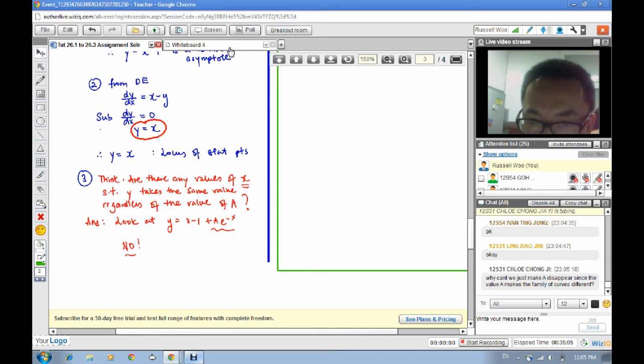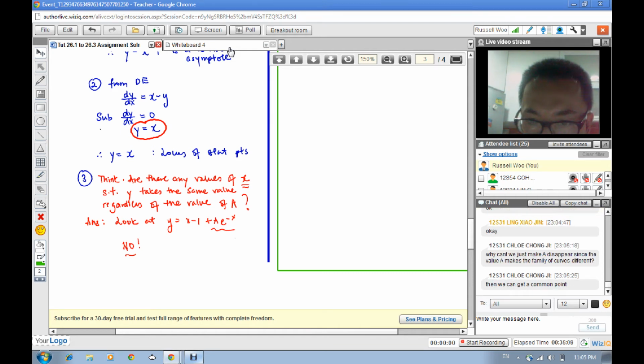Why can't we just make a disappear? The problem is, for this equation, we cannot make a disappear. A will never disappear. For whatever value of x you substitute in, a can never disappear. Maybe I give you an example.